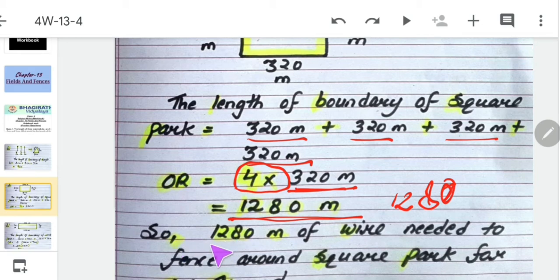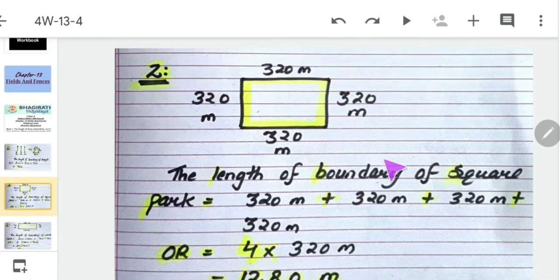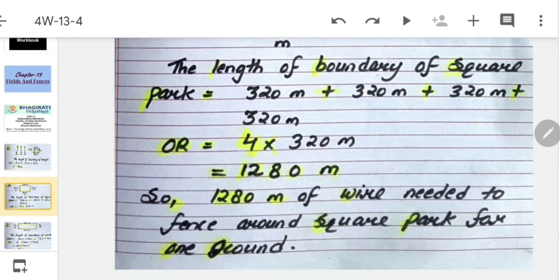That means we will need 1280 meter of wire to fence around this square park for only one round. Okay, for only one round of fencing, the length of wire we will need is equal to the length of the boundary of the square park, which is 1280 meter.